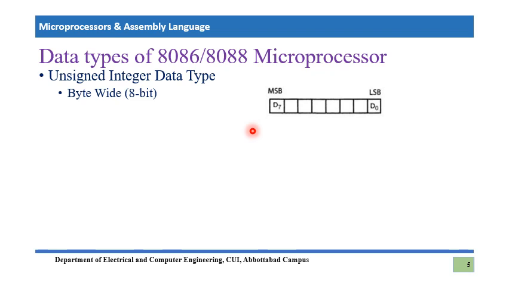If you want to decide what will be the range of decimal numbers that can be covered by these 8-bit of information, then you can easily calculate it. If you remember, let's consider we have only 2-bit of information, so it can be 00, 01, 10, and 11.